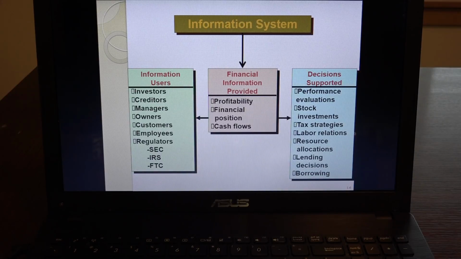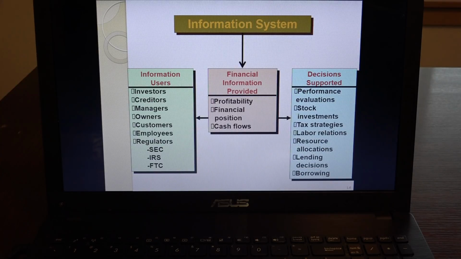So there's more to the accounting information system than just the numbers, okay? There are these things called notes to the financial statements, which give explanation to what the numbers mean. Future plans, things like that. Subsequent events that may change the decision maker's options.